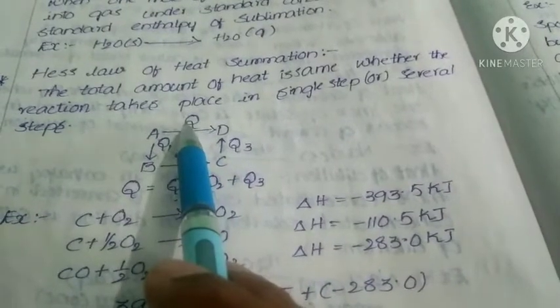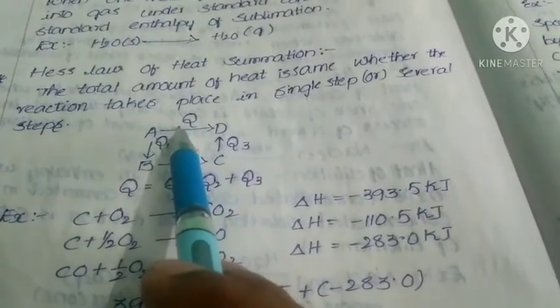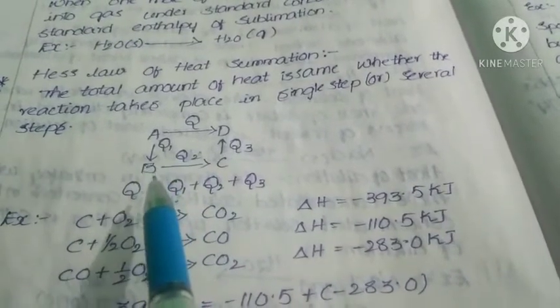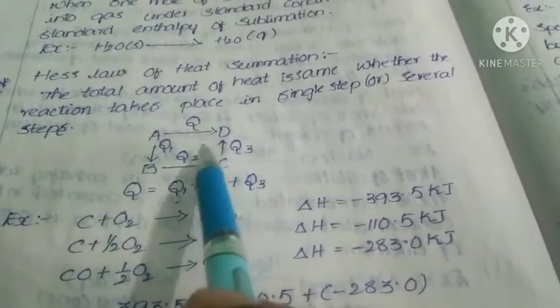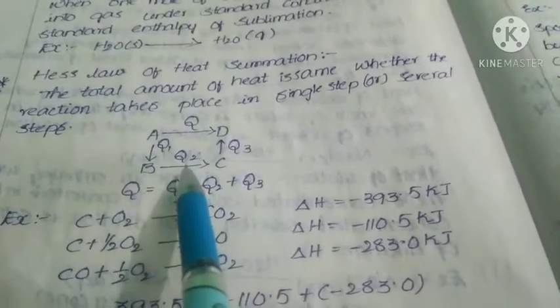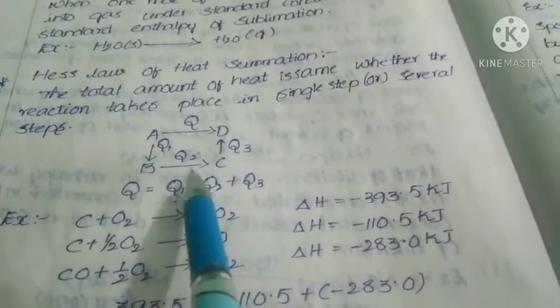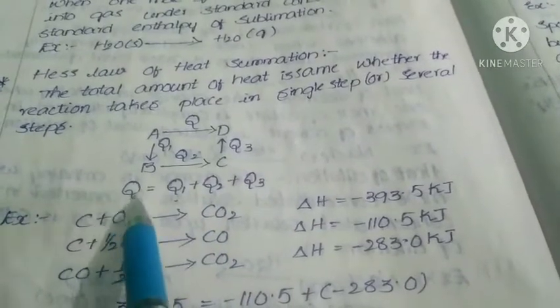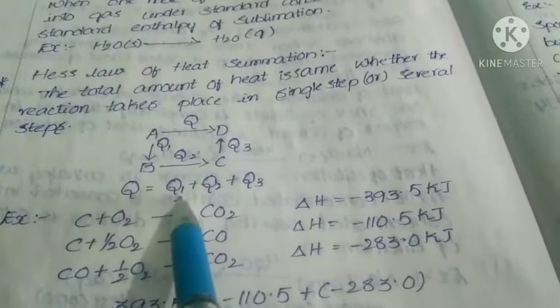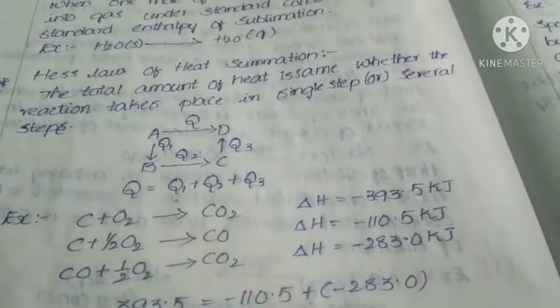That heat will be equal to the sum of heats of the 3 steps, nothing but the sum of heats of indirect steps. Mathematically, it shows Q equal to Q1 plus Q2 plus Q3.